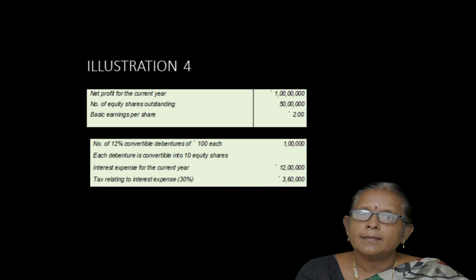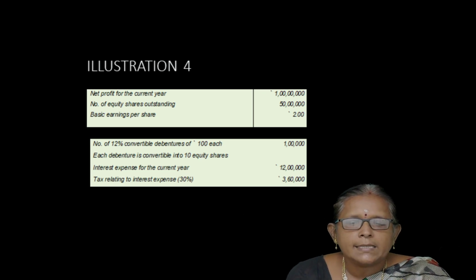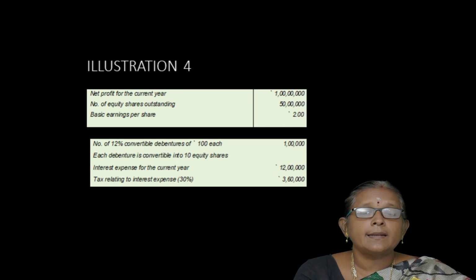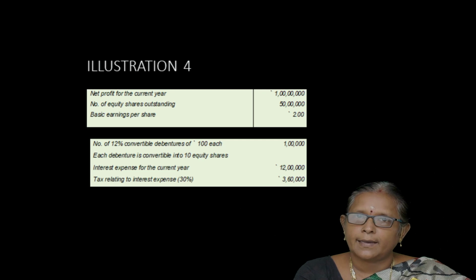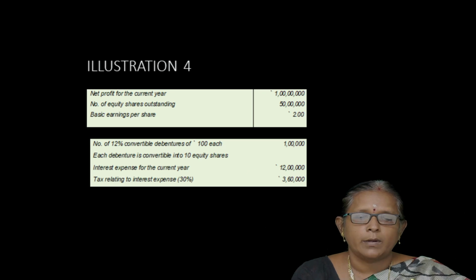That is why that interest amount should be added back. How much is the interest amount? They have given it as 12 lakhs. That interest amount we won't have to pay further, because the debenture holders are converted into equity shareholders.